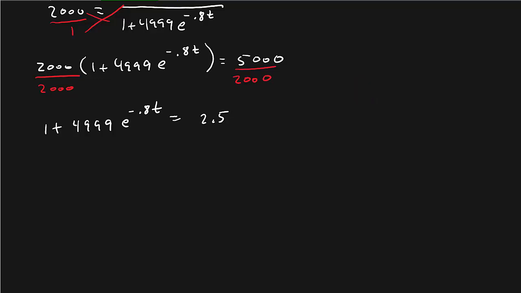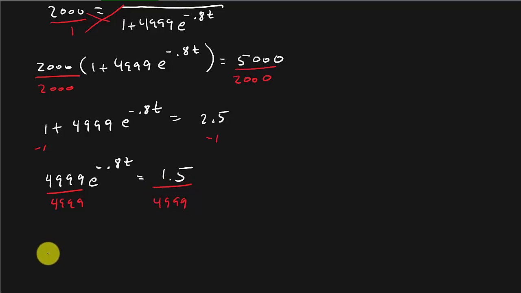All right, and so now we're going to subtract 1 from both sides. So that's going to give us 4,999 e to the negative 0.8t is equal to 1.5. And then we'll need to divide everything by 4,999.